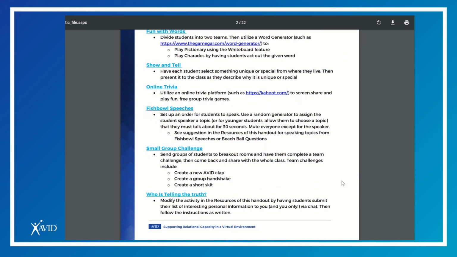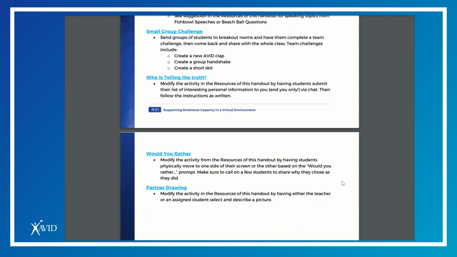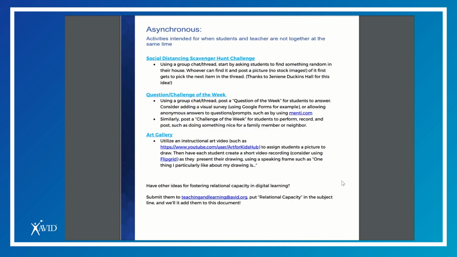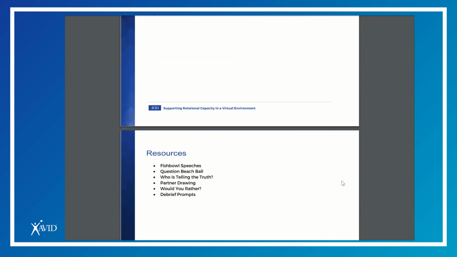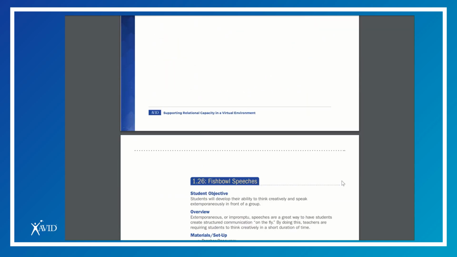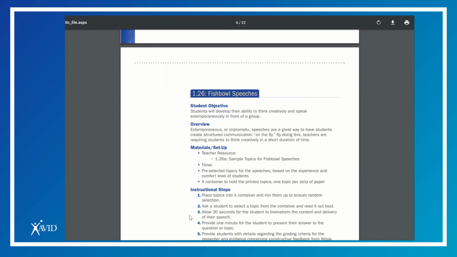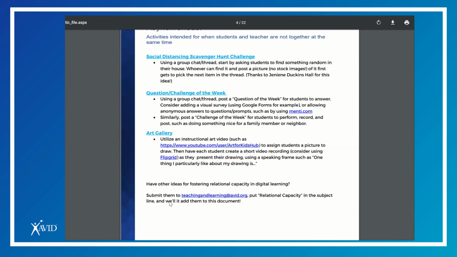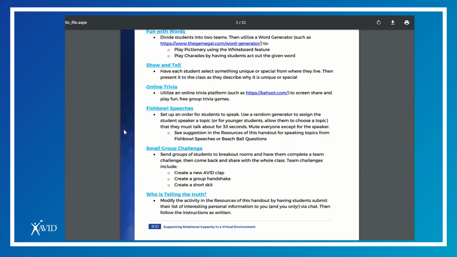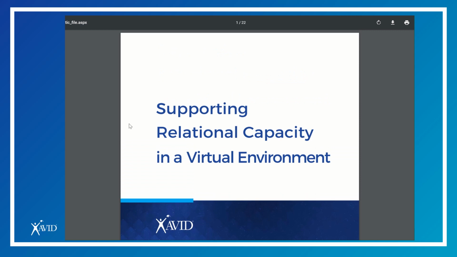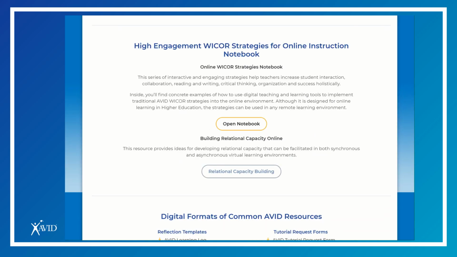There's just a lot of good stuff in here. So I would encourage you, when you have time, I know we're all really busy at home with nothing to do, to look through these and think about ways that you might engage your students. And then there's all the directions below. So this is a great starting spot if you're thinking about ways to engage your students in distance learning, but keep that relationship alive, which is really important.